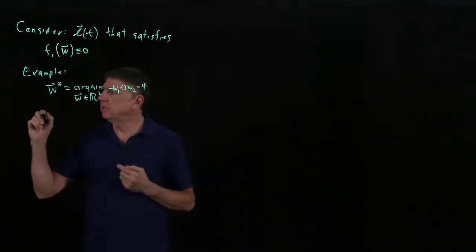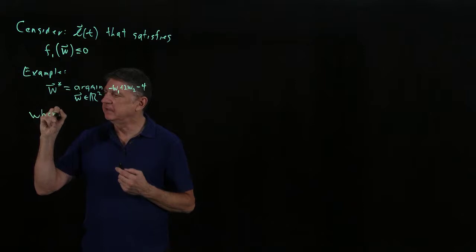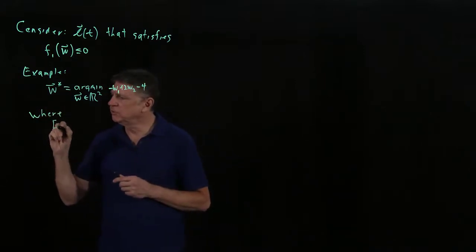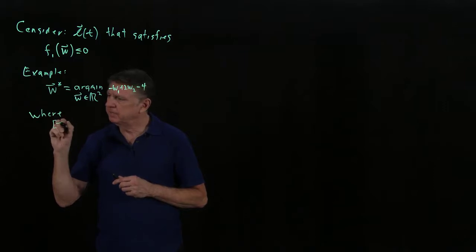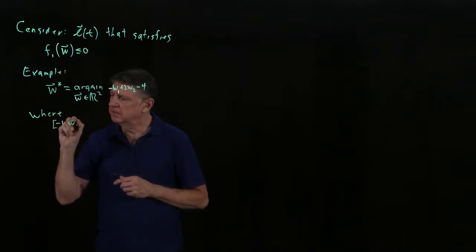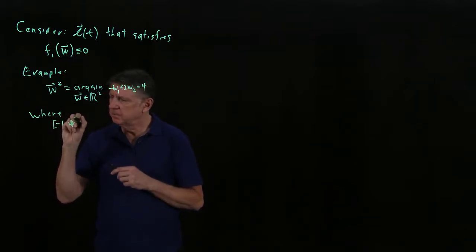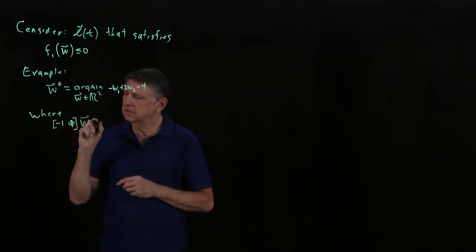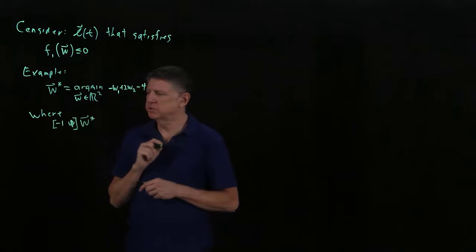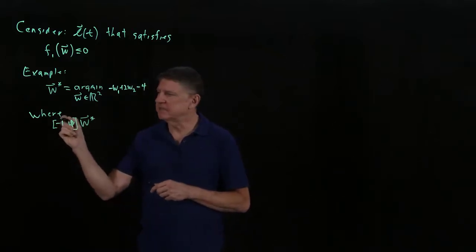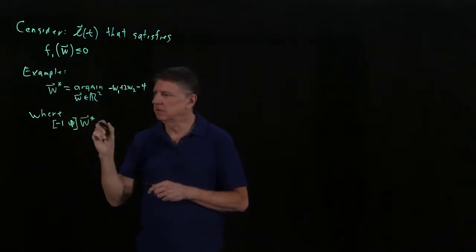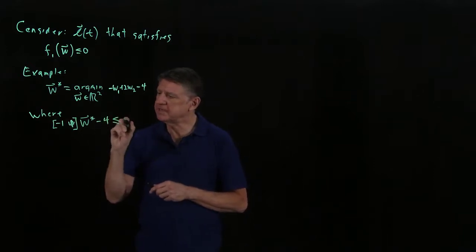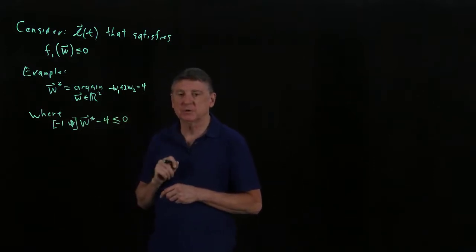Now, let's suppose that we add a linear inequality constraint. We'll take the difference between these entries of w star, represent this as a 1 form times the vector, minus 4, and say that has to be less than or equal to 0.